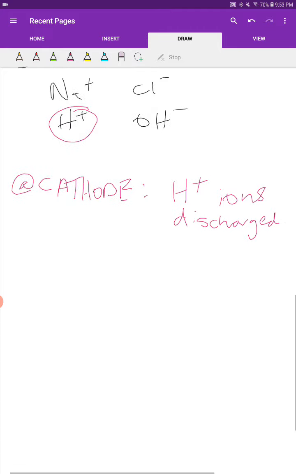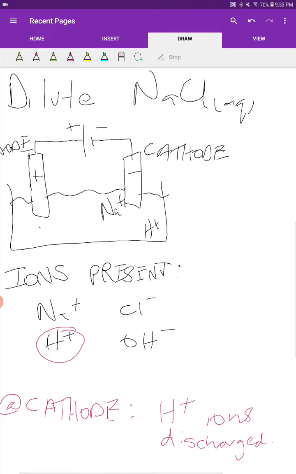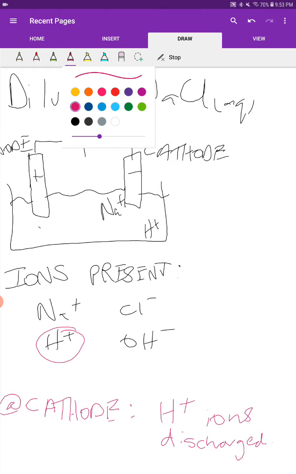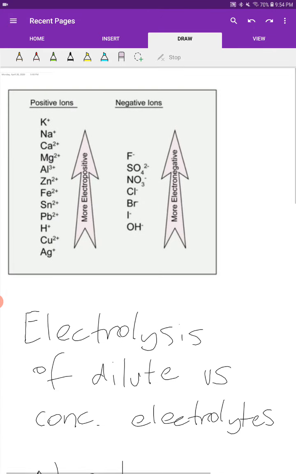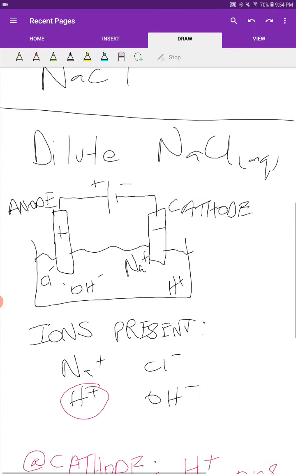Now, for our anode, you have Cl minus ions and OH minus ions also competing to get discharged. If you look at your series, what you'll see is that OH is below Cl, so OH is what is going to get discharged.